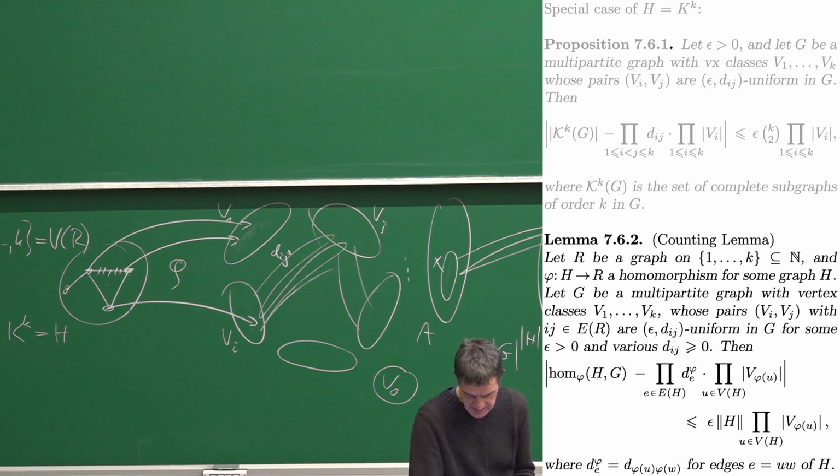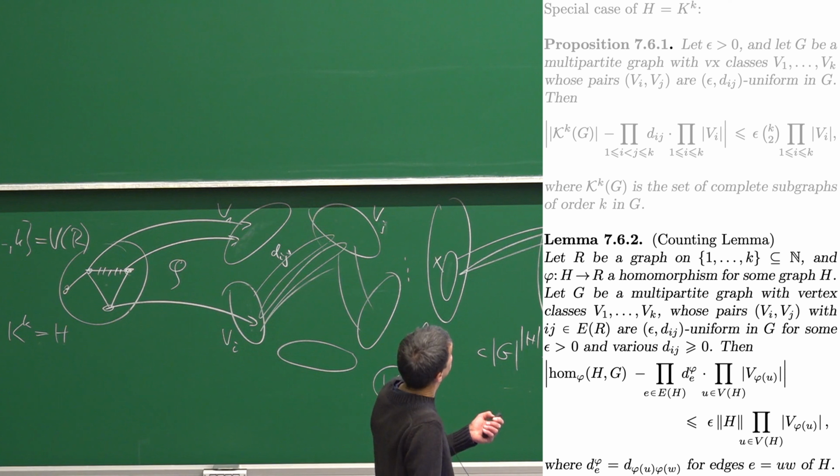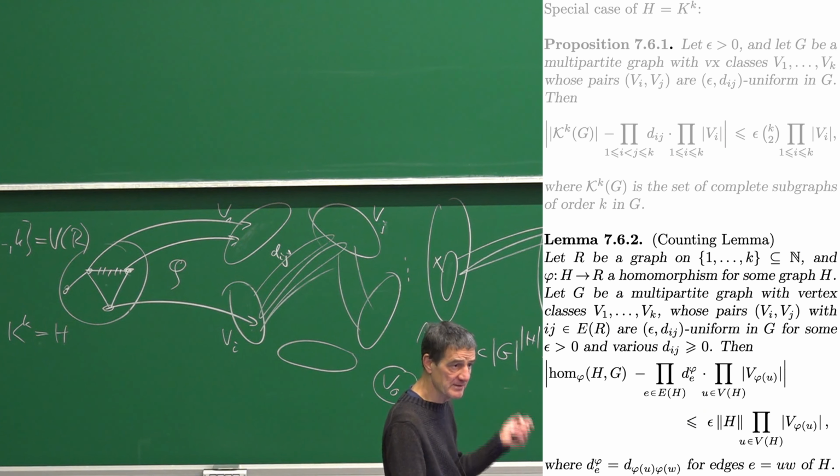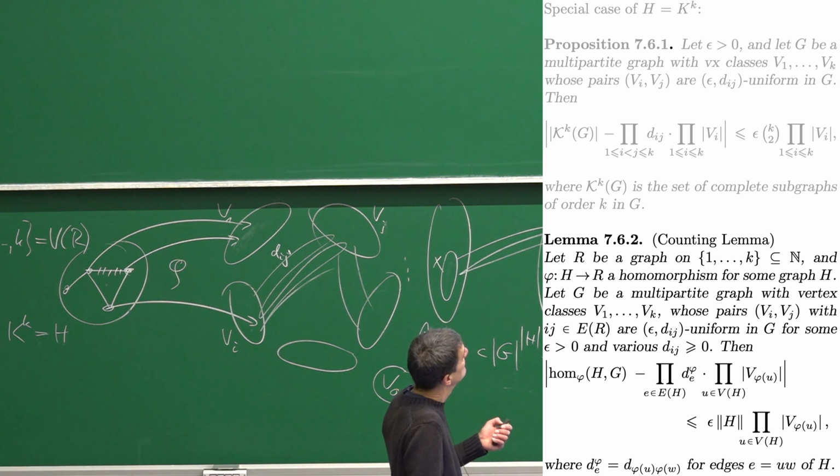And now, let's look at the statement. So G, as before, comes with a partition V1 to Vk, where the pairs have certain densities called Dij, and we're assuming that this is an epsilon-uniform partition, with epsilon, Dij uniform pairs.